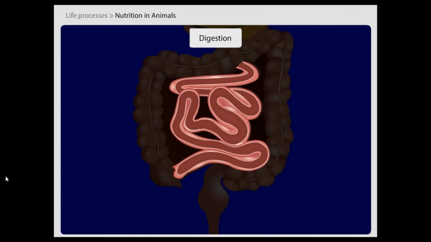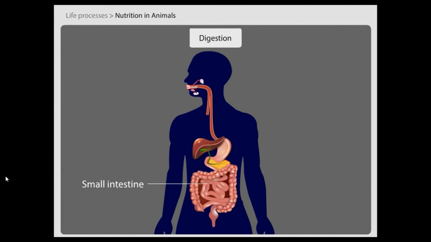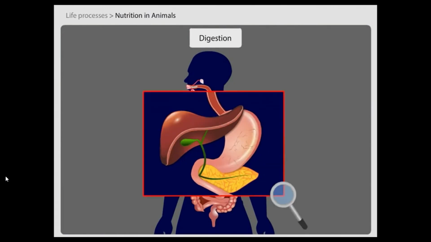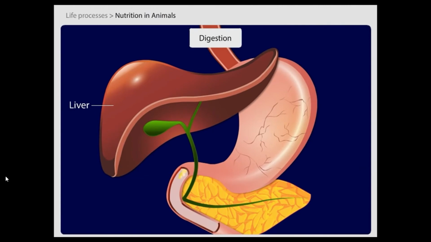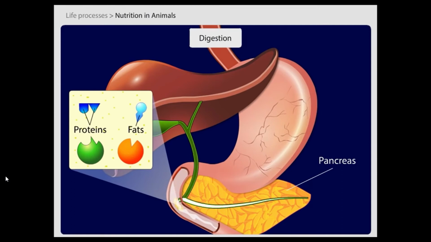It receives the secretions of 2 glands, that is liver and pancreas. The pancreas secretes pancreatic juice into the small intestine. Pancreatic juice contains enzymes such as trypsin and lipase. Trypsin breaks down protein and lipase breaks down fat.